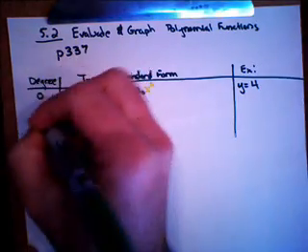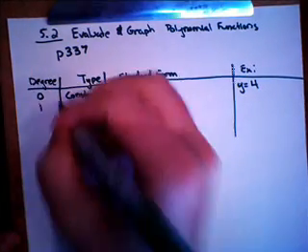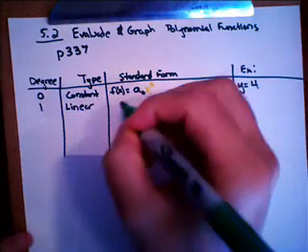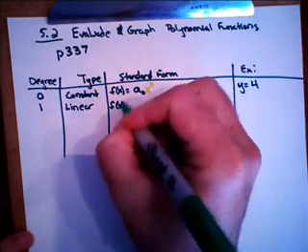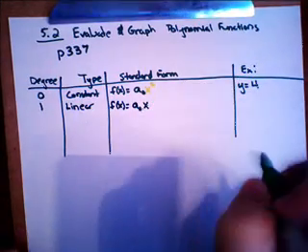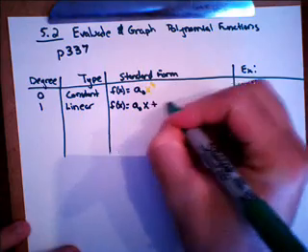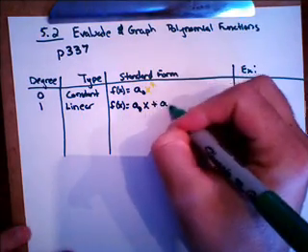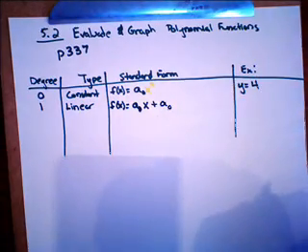Alright, the next type is degree 1. This is a linear function. And a linear function is in the form that looks like this: some coefficient, a sub 1, x, and then plus some value, a sub 0.